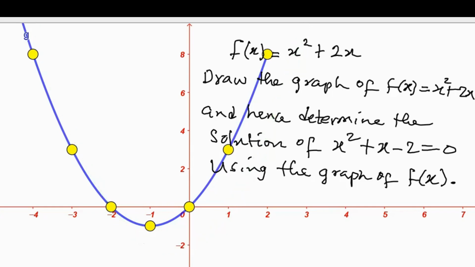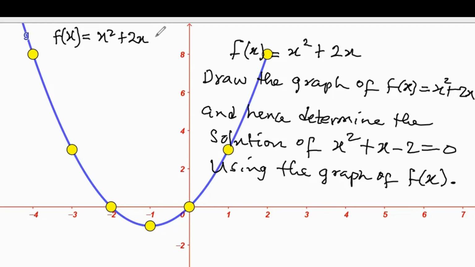So what we do here is this. We look at the first function given. Let's call the first one, we have f of x equals x squared plus 2x.